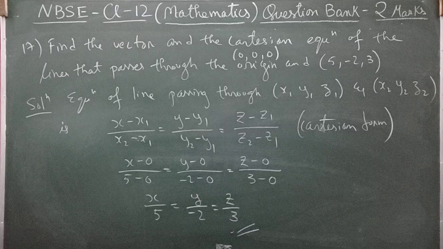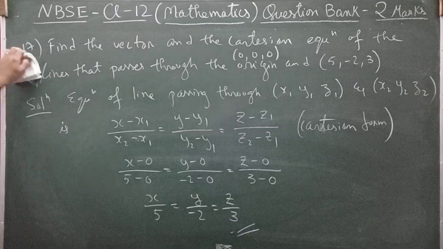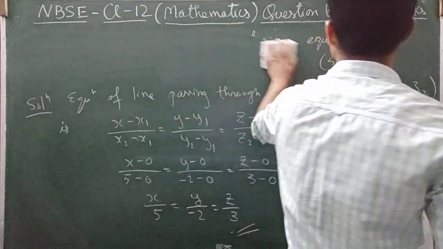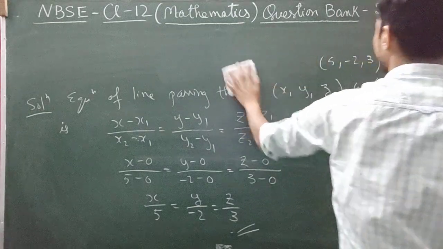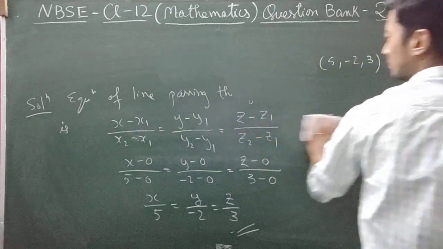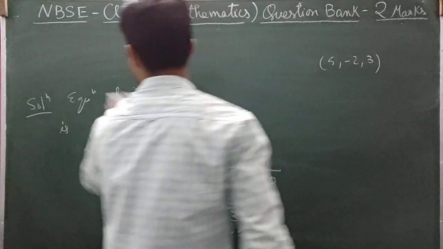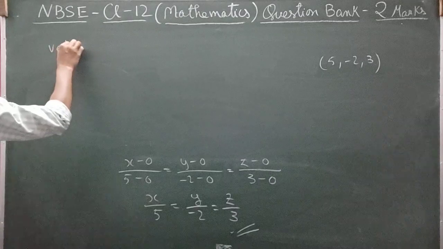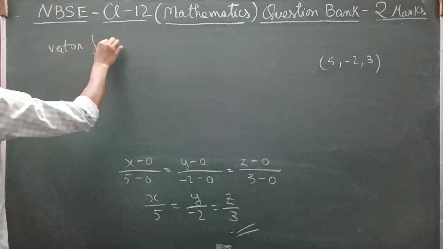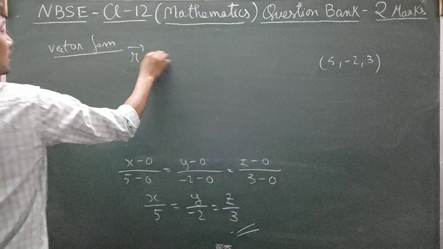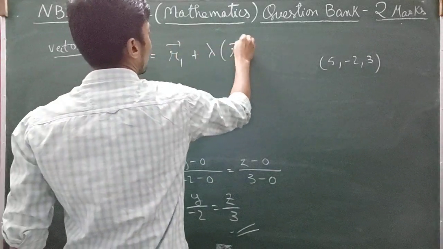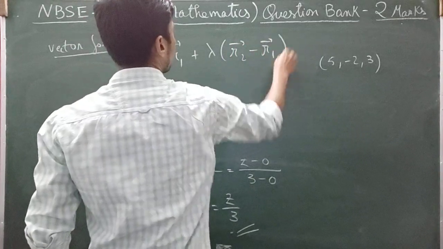Alright? Okay, now we need to get that vector form. I'll just keep this point. The vector form, the equation passing through 2 points, is given by vector r equal to r1 vector plus lambda times r2 vector minus r1 vector.